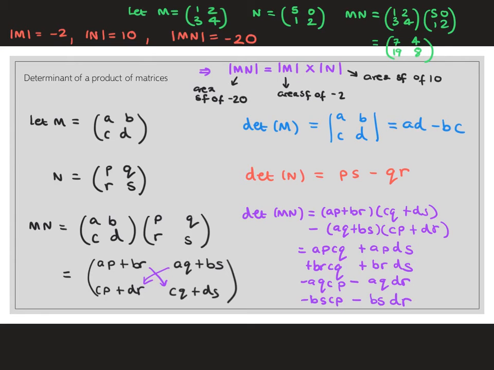So, having completed the algebra, you should find you get 8 initial terms like this. But as you will discover, some of these cancel out with each other. So APCQ will cancel out with AQCP over here, and BRDS will cancel out with BSDR over here. So we're left with 4 terms.